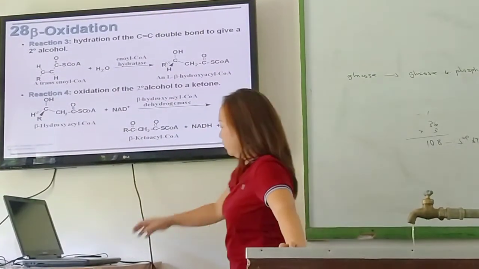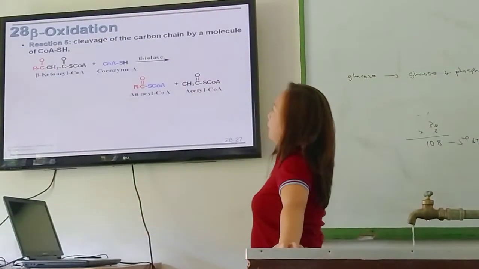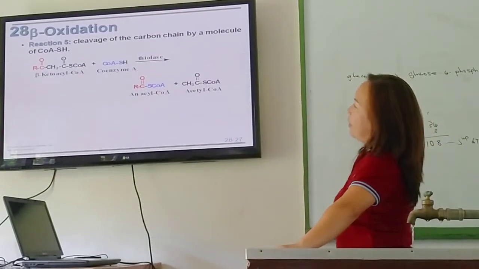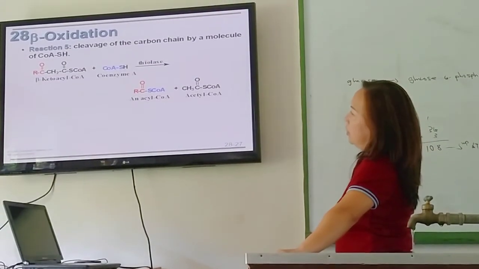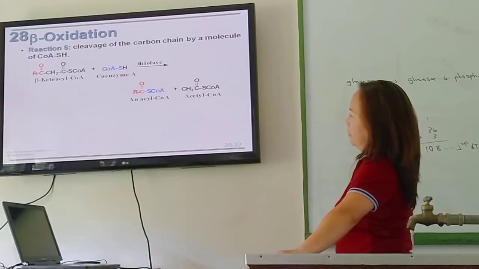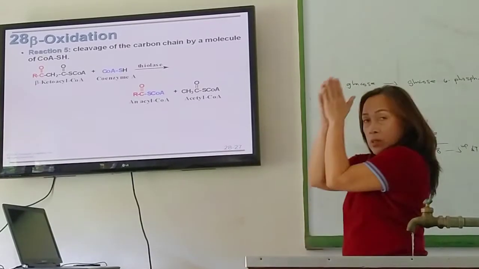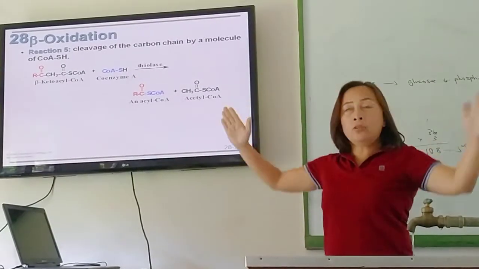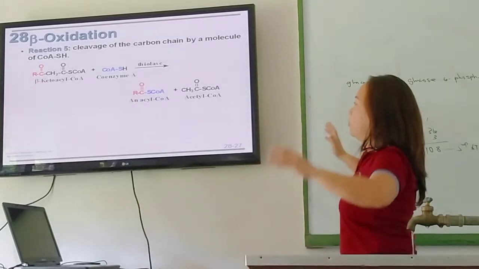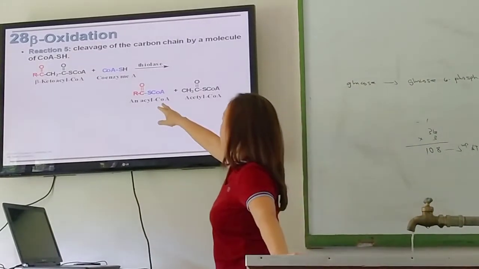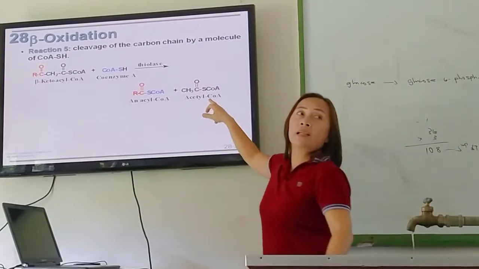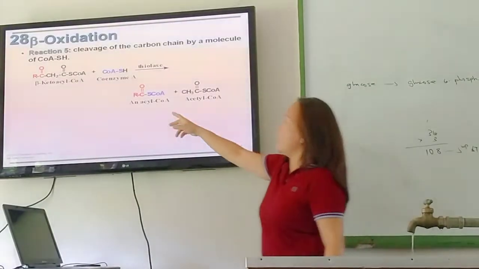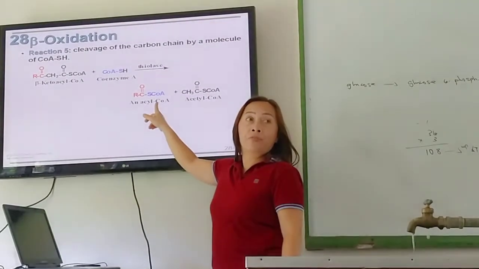So this ketone body undergoes cleavage. The ketoacyl-CoA splits into 2 molecules: the acyl-CoA and the acetyl-CoA. Now, acyl-CoA is the active form.